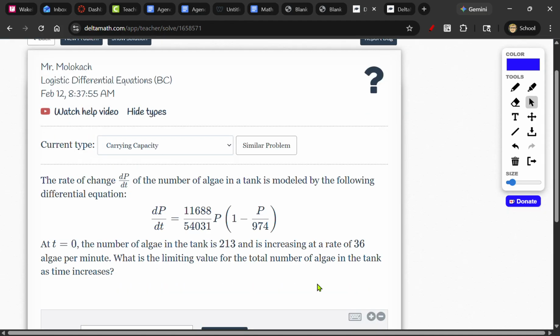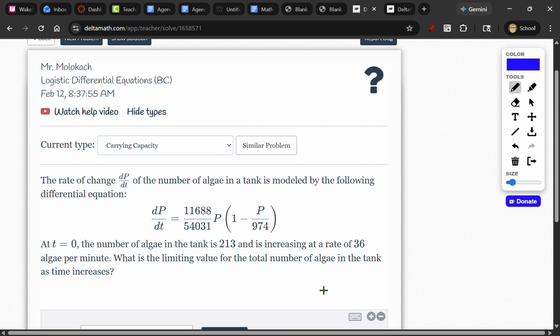If they're asking you about the carrying capacity, sometimes they have an alternate version of this where they have 1 minus P over 974. The carrying capacity happens where this part here is equal to 0.